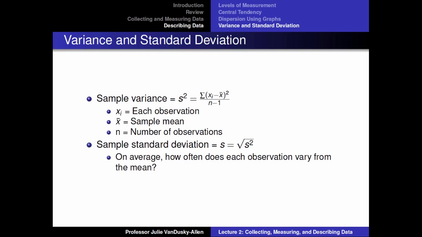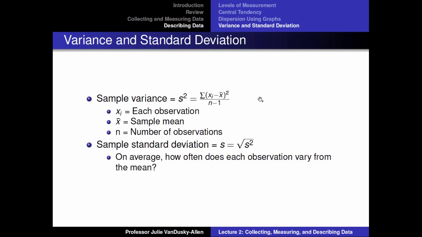Now we want to know, on average, how far away these individual observations' values are from the mean. We could take the arithmetic average here by adding all these observations' values together and dividing by the number of observations. However, if we did that, the negative values would cancel out the positive values, and so we would lose information.